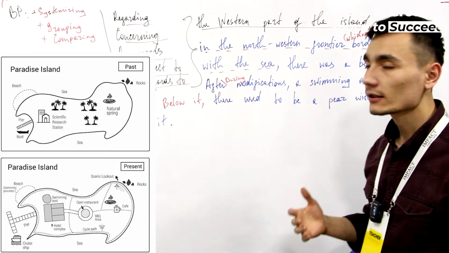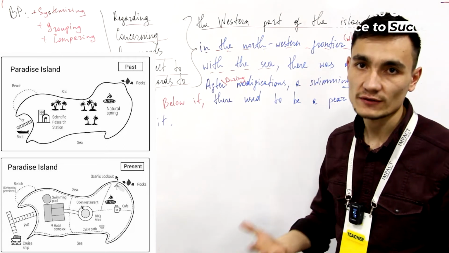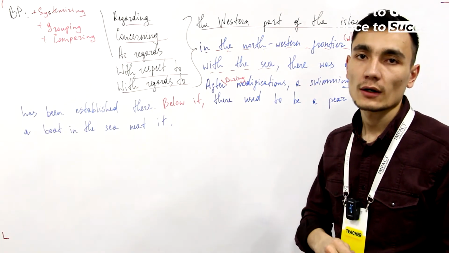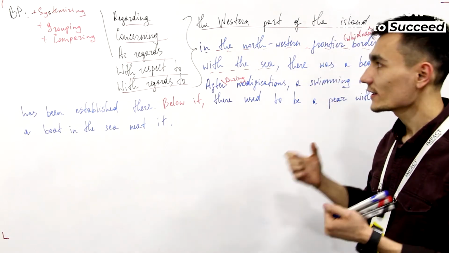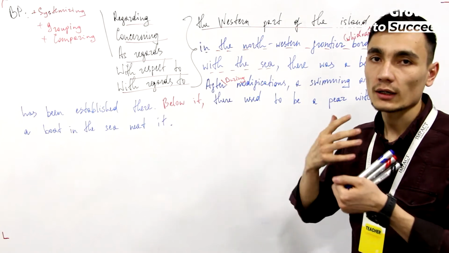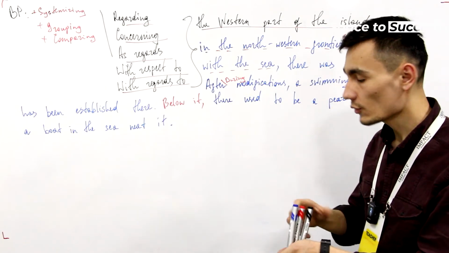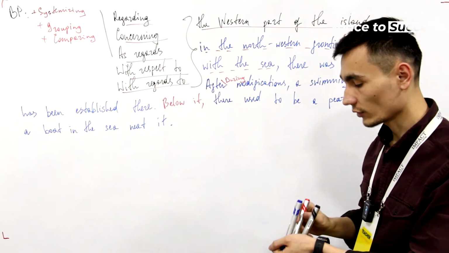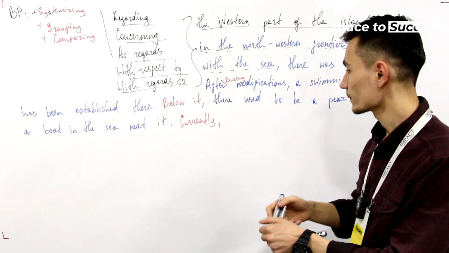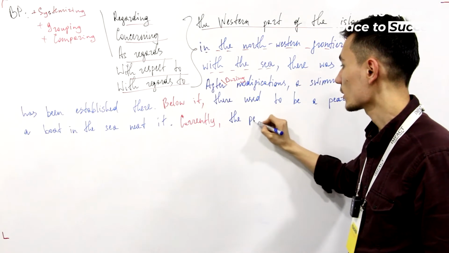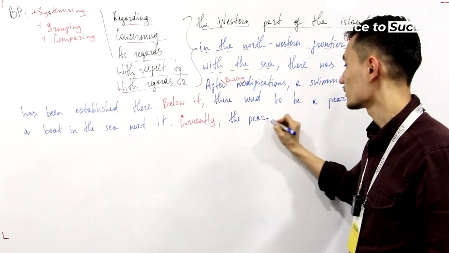And then we have to change these words. We have to give what is there now instead of them. So we just use nowadays or currently. The pier, because we talked about this place.